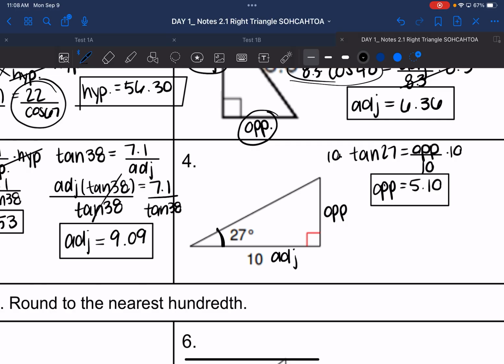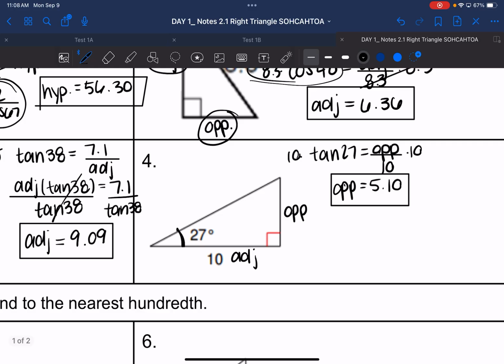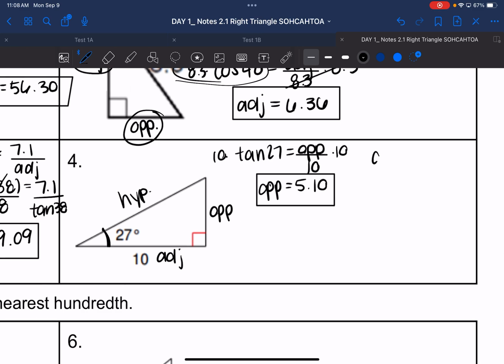Okay. And then we also needed to find the hypotenuse. So which trig ratio did we use to find the hypotenuse? Cosine. Okay, so I'm going to have cosine of 27 degrees is equal to adjacent over hypotenuse. So this time my variable is in the bottom. So what do I have to do? Right.